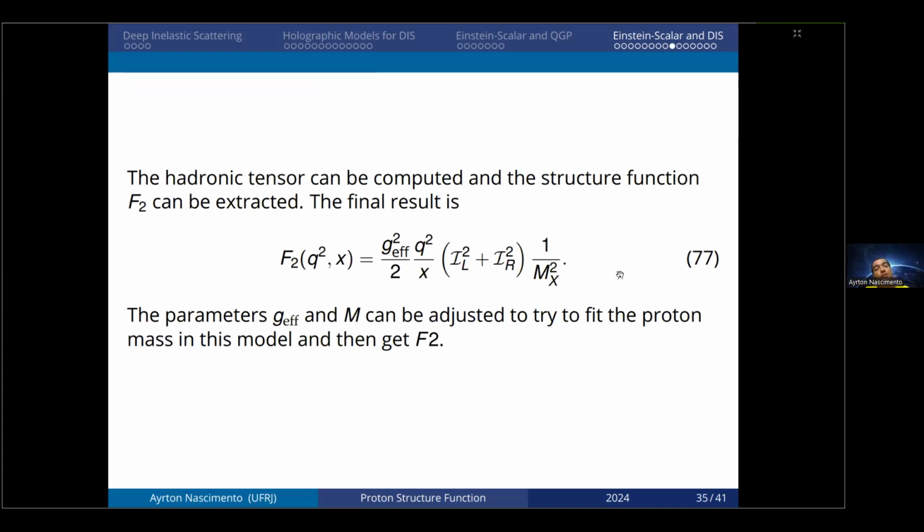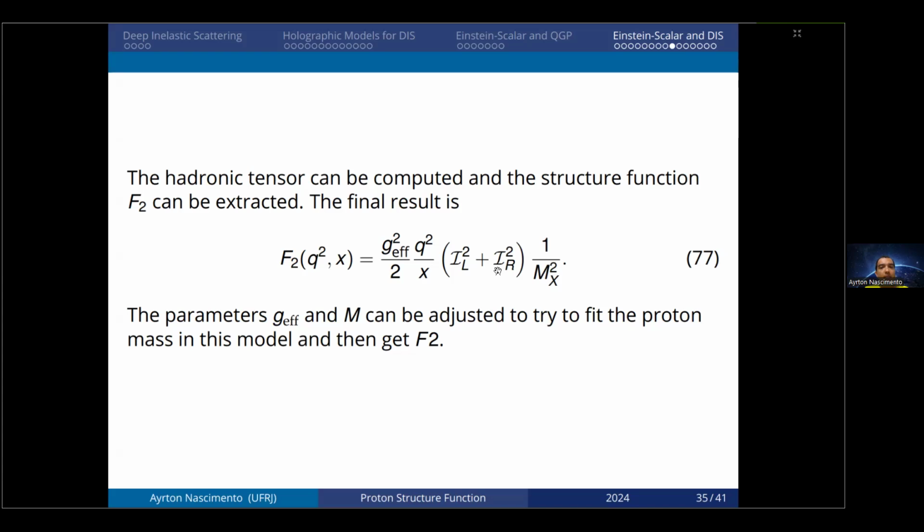So the F2 function I get is this one. It's really similar to the deformed AdS model, but this time I have a factor of 2 over here. The integrals are a little bit different this time. And I have some parameters which I can use, which is this G effective, and the mass of the final state.